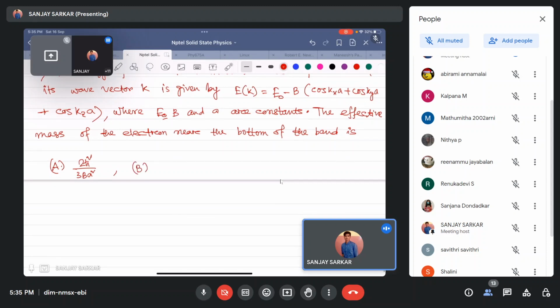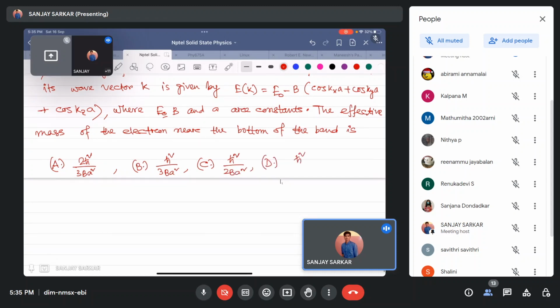Option B is h bar square by 3 b a square. Option C is h bar square by 2 b a square, and option D is h bar square by b a square.